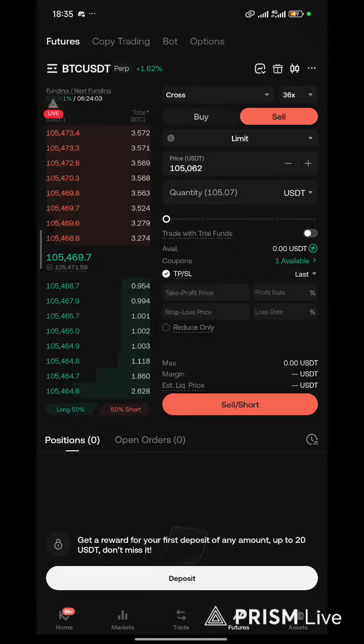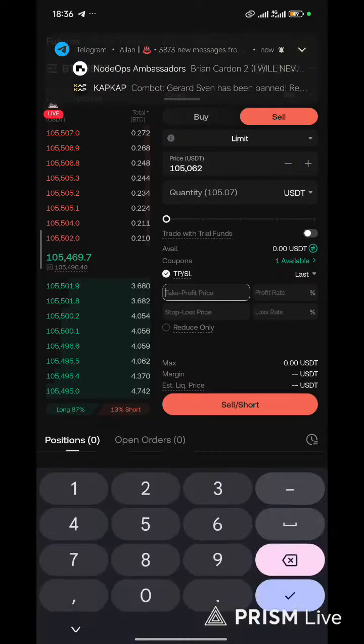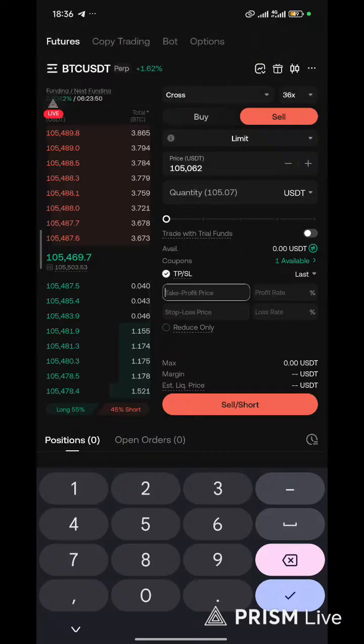Remember, I said limit. You take profit at 60,000, right? Stop loss was 70,000, right?